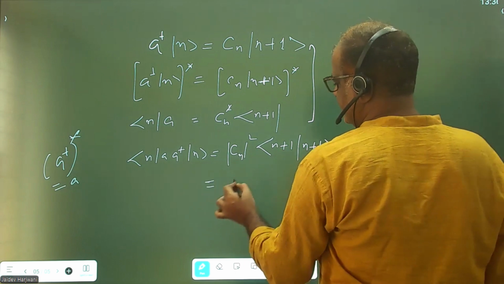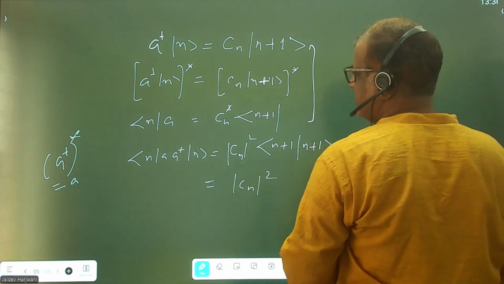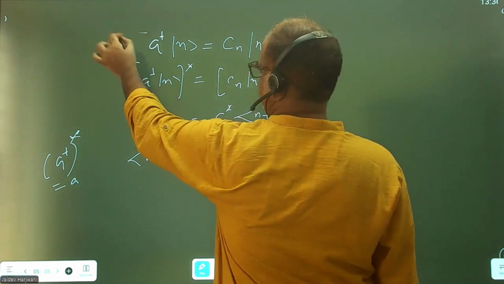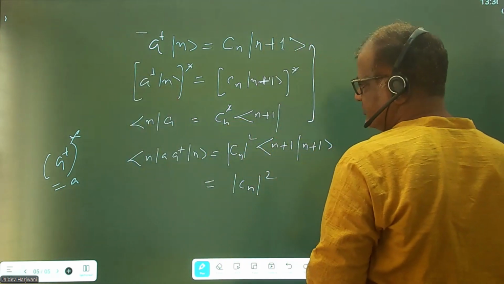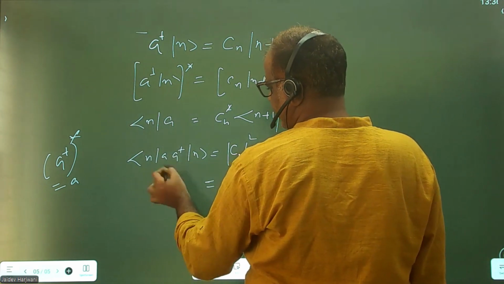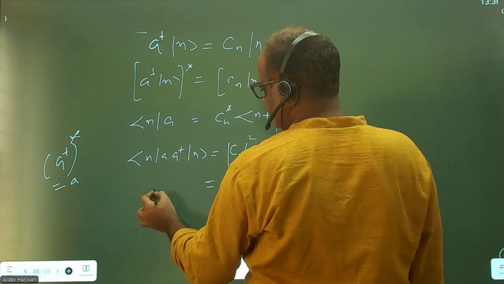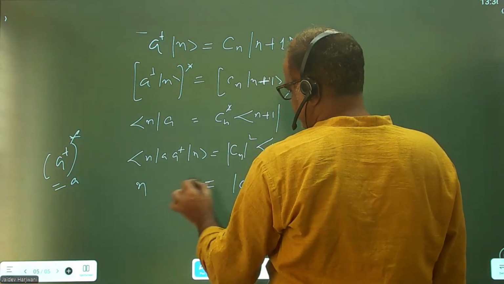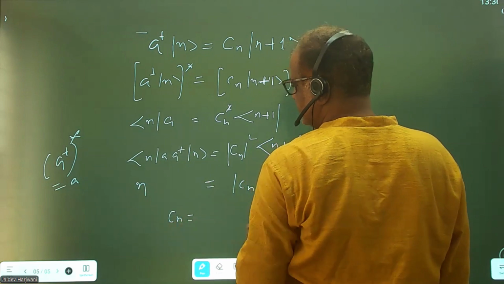So this becomes Cn squared. Now this is a number operator.